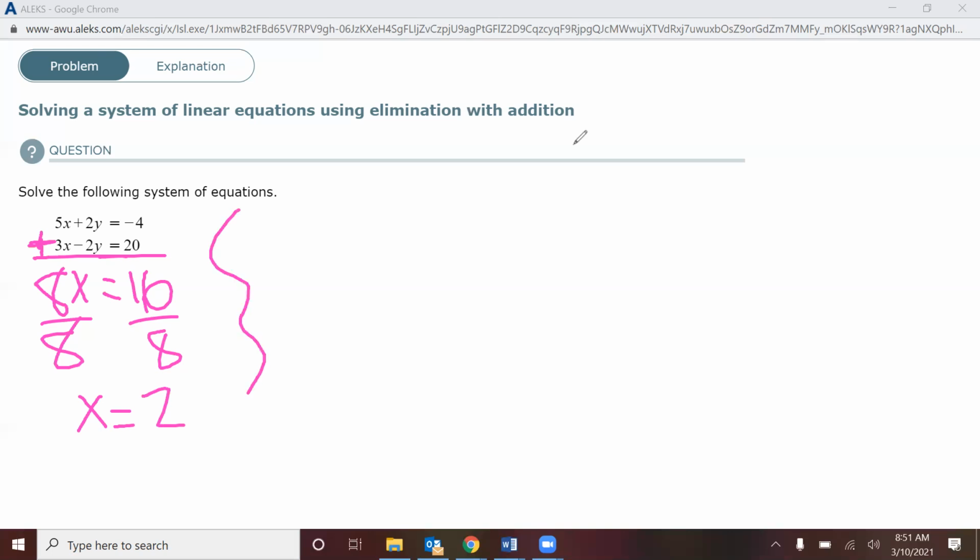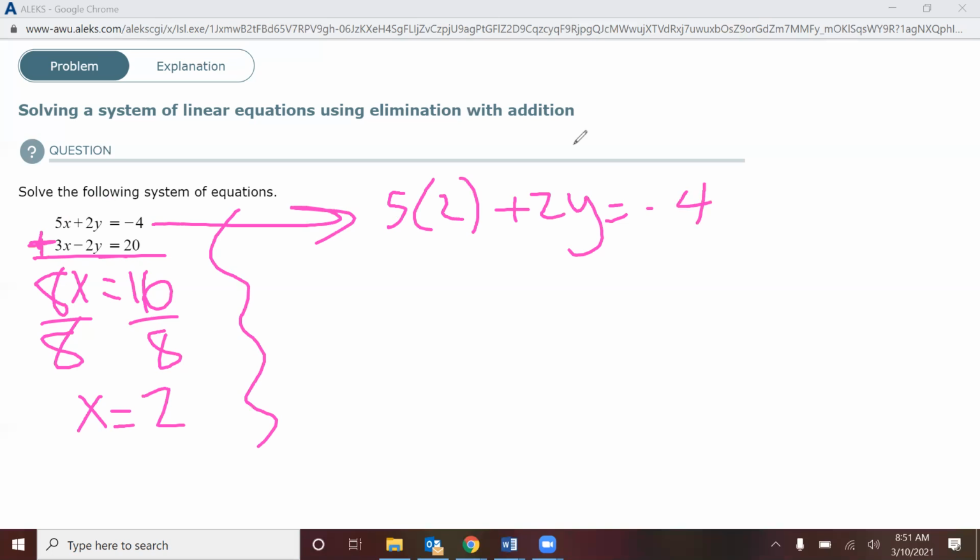How do I solve for y? I pick either of the original equations and plug 2 in for x. And then I solve for y.